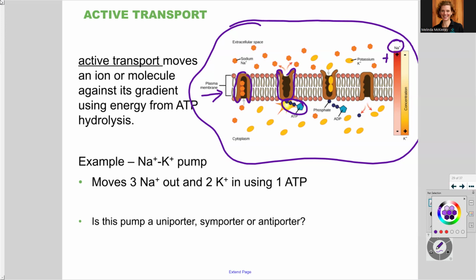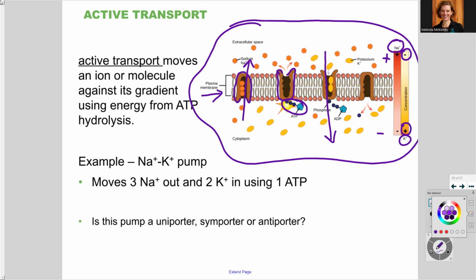There are more sodium molecules on the outside and fewer sodium molecules on the inside. So if we're moving them from the area where there's less to the area where there's more, that's going to take ATP. And similarly with this potassium ion, if we're moving it from an area where there's less to an area where it's more, which is shown over here on the right, that's also going to require ATP.